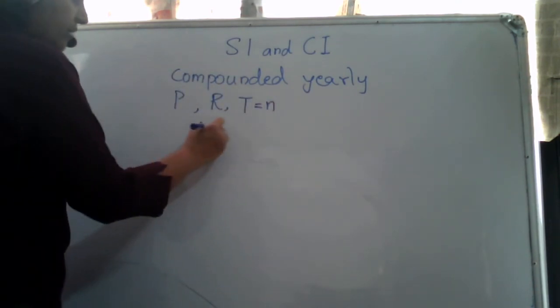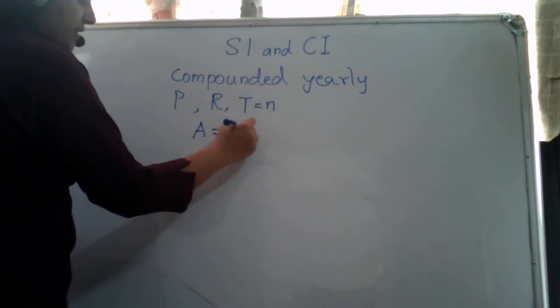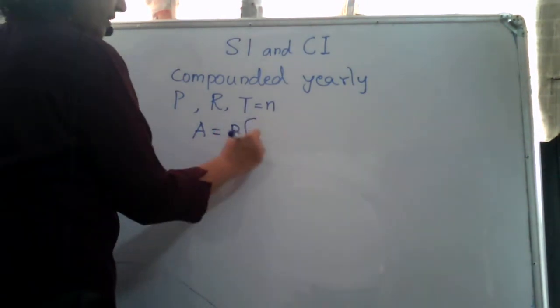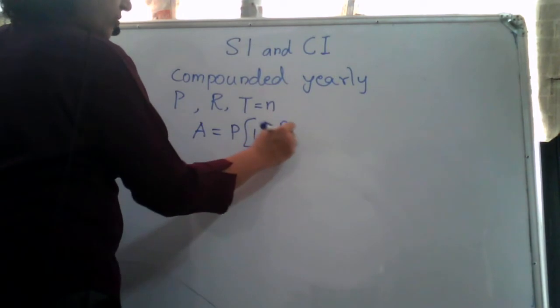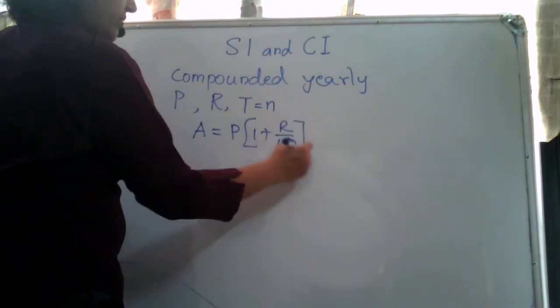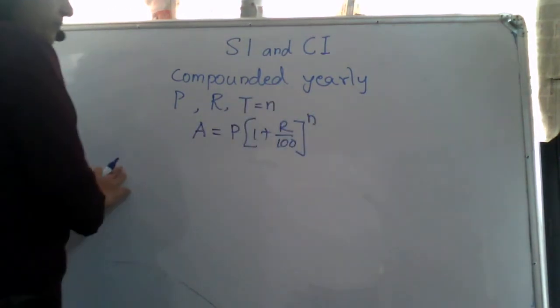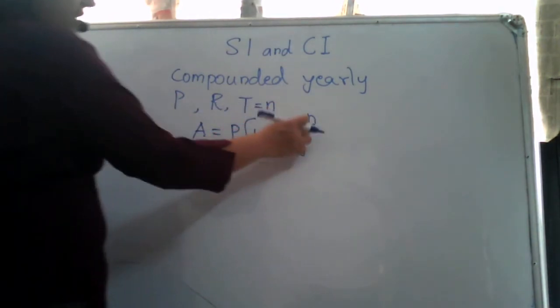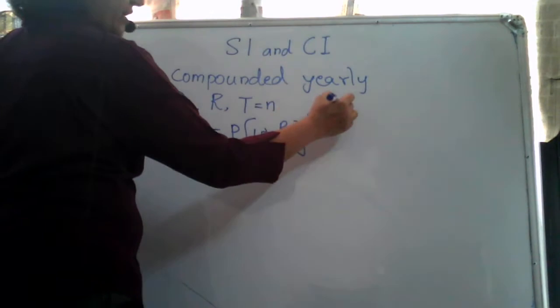What would it be? Amount is equal to P into bracket 1 plus R upon 100 to the power n. Now here R will remain as it is, P as it is, n whatever number of years you might have.